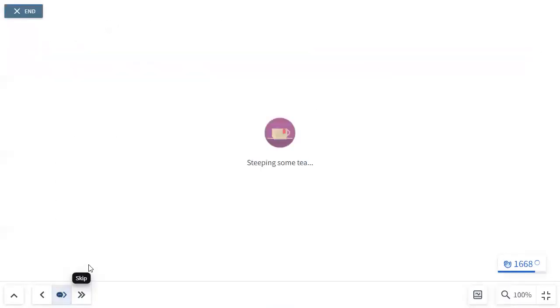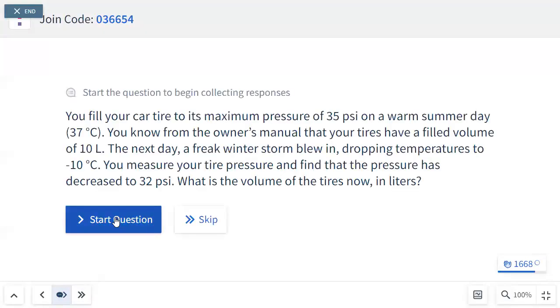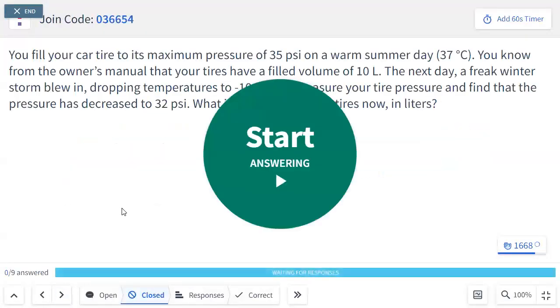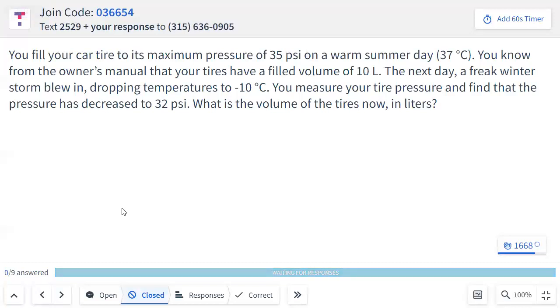So let's take a look at an application of this kind of problem. Maybe not quite the scenario of the past couple of days, but not far off. You've got your tires, they are filled up to a warm summer temperature and pressure, 35 psi, 37 degrees Celsius. Your filled volume for your tires is 10 liters.